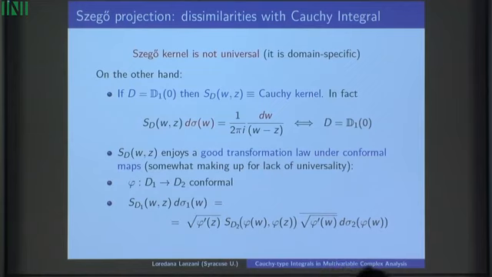For instance, I expect that if the boundary is smooth, you might be able to have some extension. But actually, no, I take it back, because the Szegő kernel is singular across the boundary. At z equal w, it is always singular. So if you fix a z, then you may be able to extend. But as you change your z, we need to talk about that. Other questions? OK.